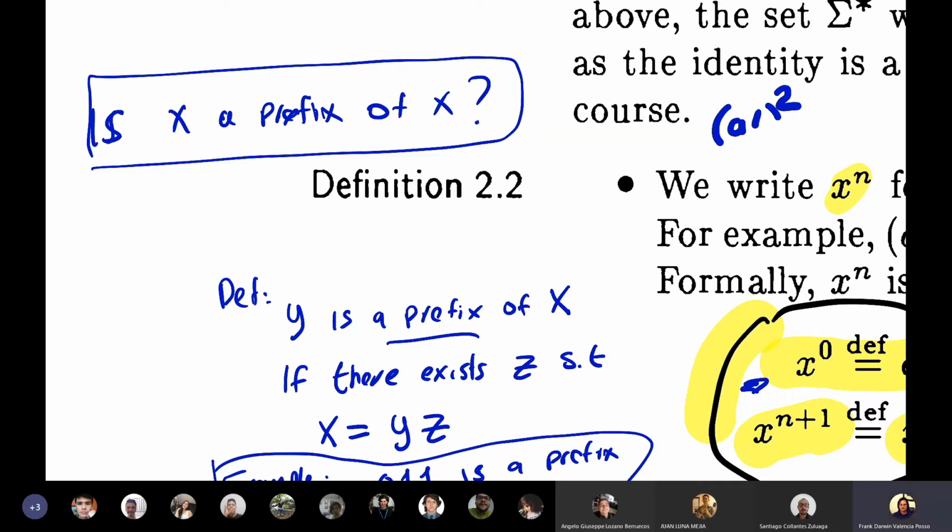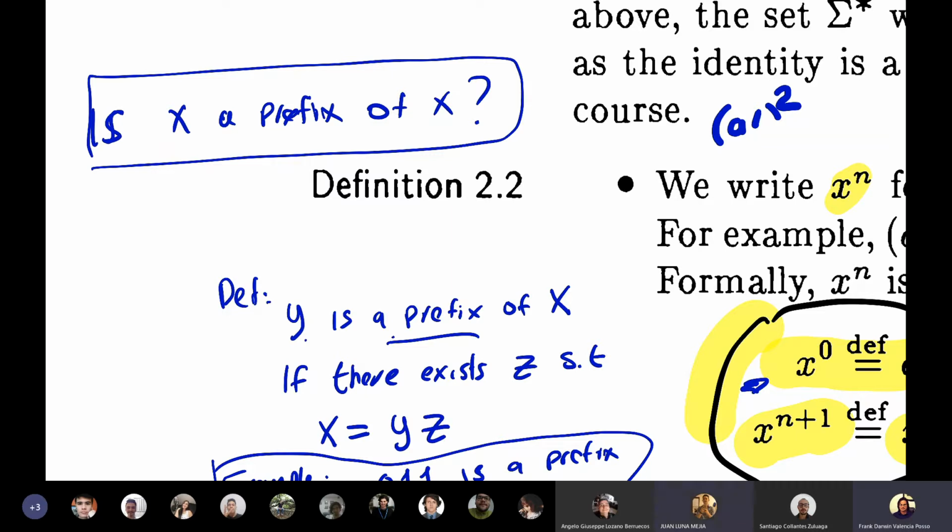I mean, mathematically, how do you define it? You say y is a proper prefix of x if what?